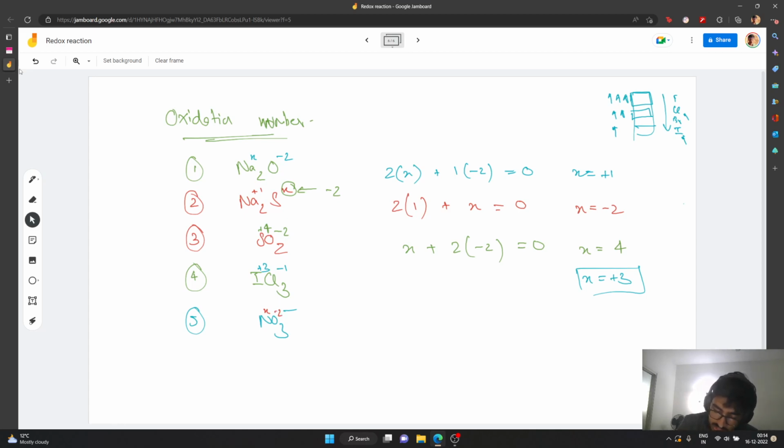So in this case, we'll write the equation as X plus -2 times 3. Now in this case it won't be equal to 0, but will be equal to -1, which is the charge. So you can simplify this to find that X is equal to 5. Right, so the oxidation number of nitrogen in the nitrate ion is +5.